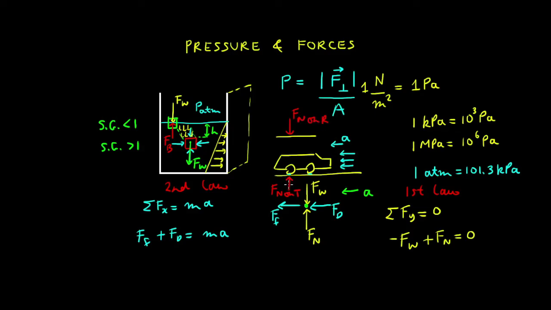So by Newton's third law, if we have object 1, which is the road in this case, exerting a force on object 2, which is the tire, well, effectively object 2 is going to exert an equal and opposite force on object 1. And that's Newton's third law. So every action has an opposite reaction. And I'll see you in the next video.